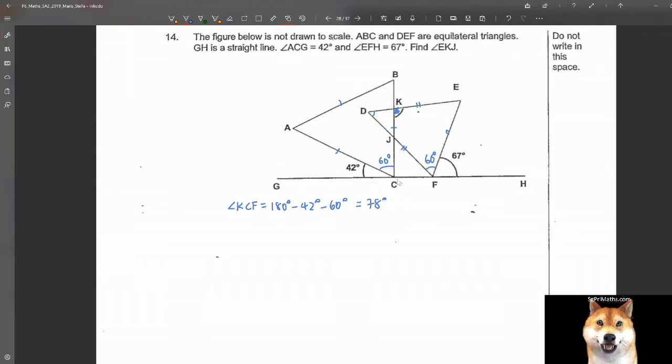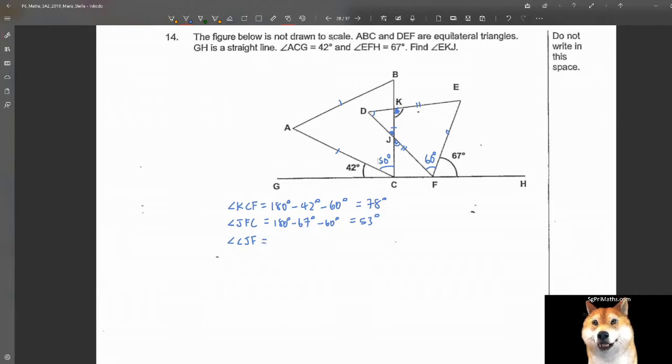Then we can find this angle here, angle JFC, equals 180 degrees minus 67 degrees minus 60 degrees, which gives 53 degrees. Then we can find angle CJF, this angle here, which is the same as this angle.